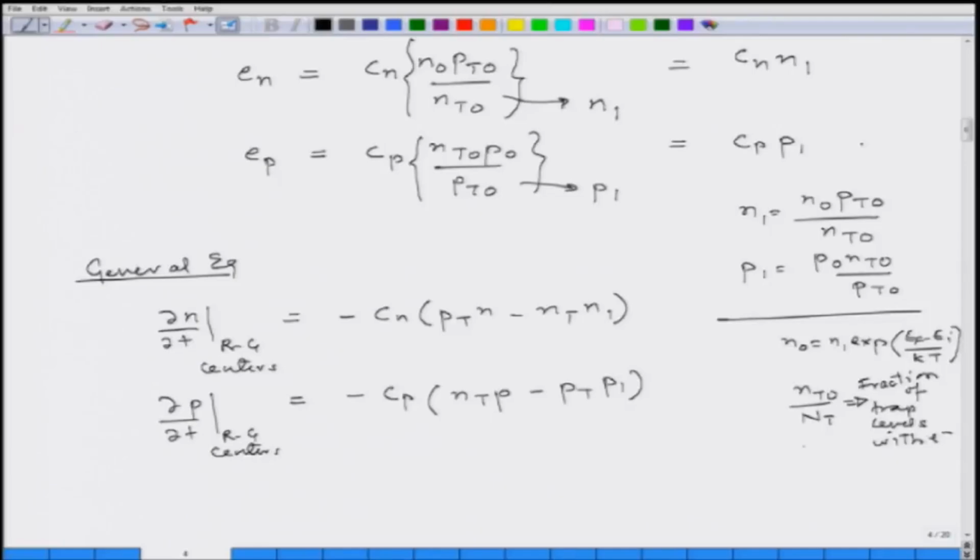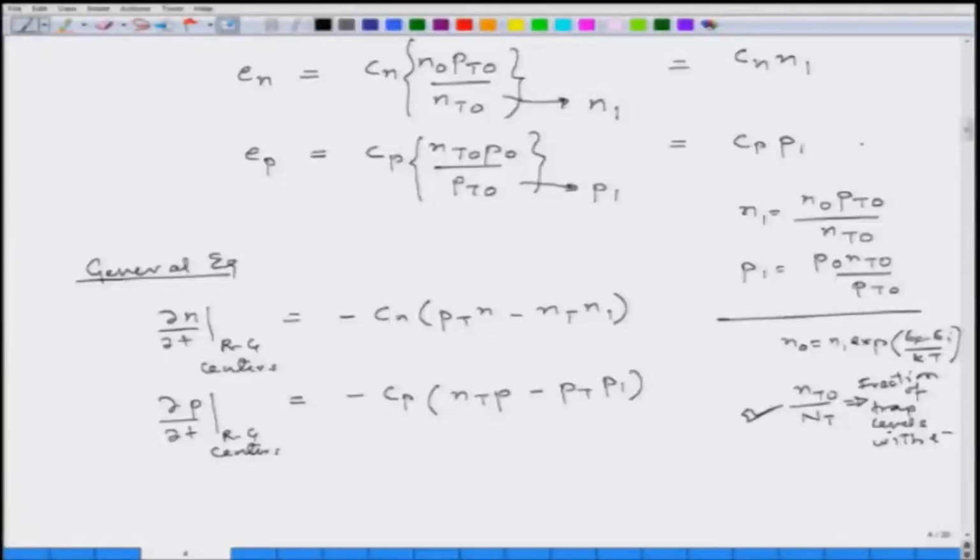Now, this we have earlier had an expression for when we are looking at the dopant. We had come up with an expression for how many dopants are ionized at a given time. So, if we know the dopant level and we know the Fermi level, we can calculate how many dopants are going to be ionized. Using the same equation we can also evaluate how many trap states are going to be ionized, and p_T0 is nothing but N_T minus n_T0.